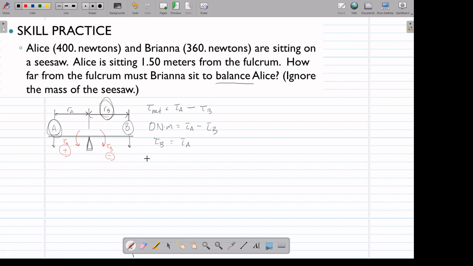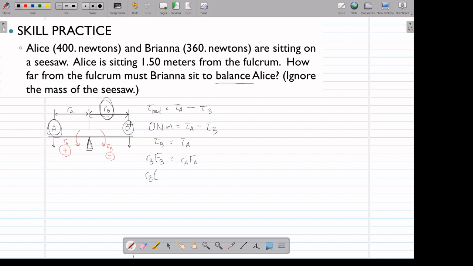So we'll say that torque of B is equal to the radius of B, which is the thing we're trying to find, multiplied by the force of B. And we could put that the other way around, but it doesn't really matter. Where torque of A, tau A, is equal to radius A multiplied by force A. And we know all of this information except for RB, which is, again, what we're trying to solve for.